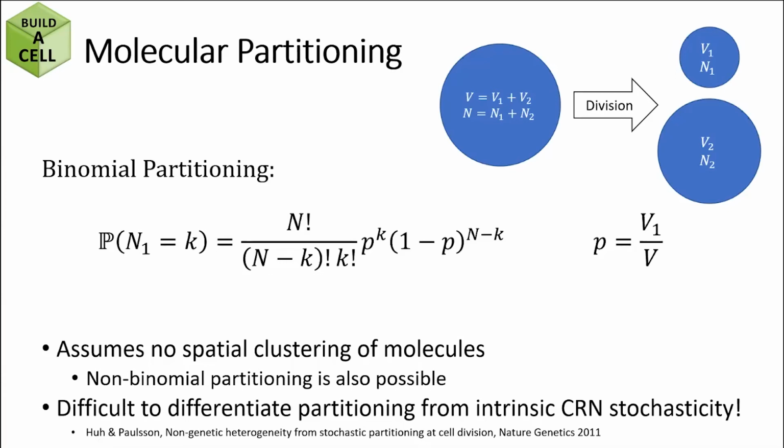So if you actually work out some math, and there's a great paper here by Poole and Paulsson, you can show that, given typical experimental data, it's very hard to tell if the stochasticity you're going to observe is from partitioning or from stochasticity in a chemical reaction network. And in practice, what this means is maybe you have to look at both of these effects to really understand your system, especially when you're dealing with cells and small volumes with small molecular counts.